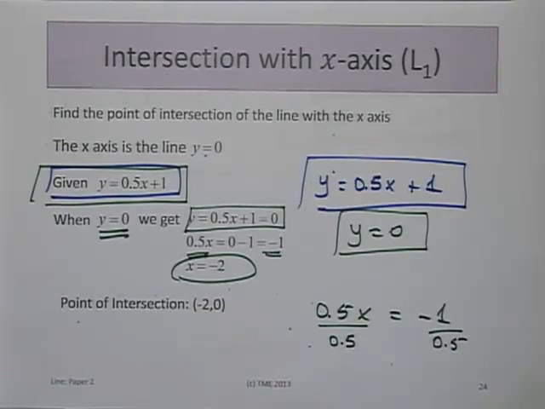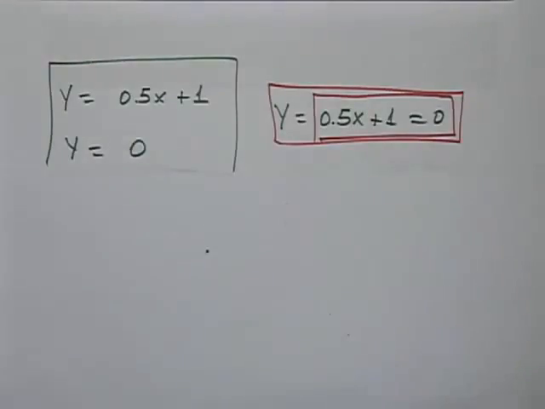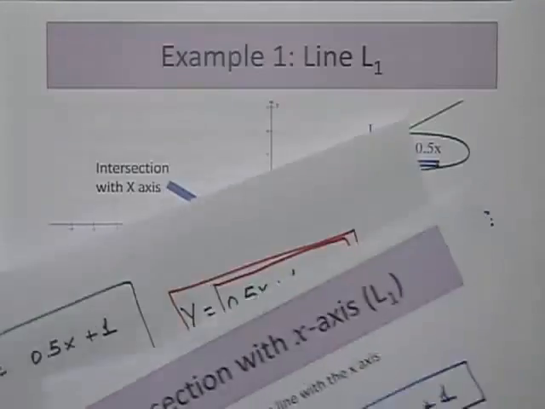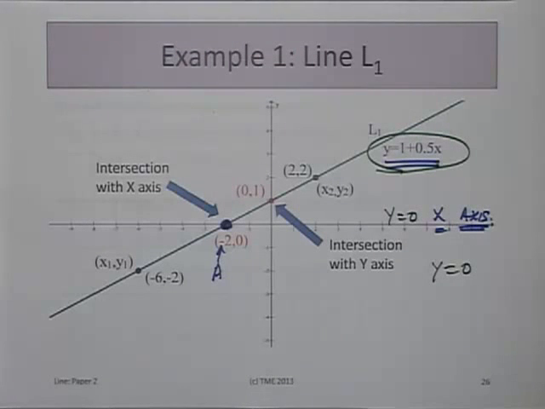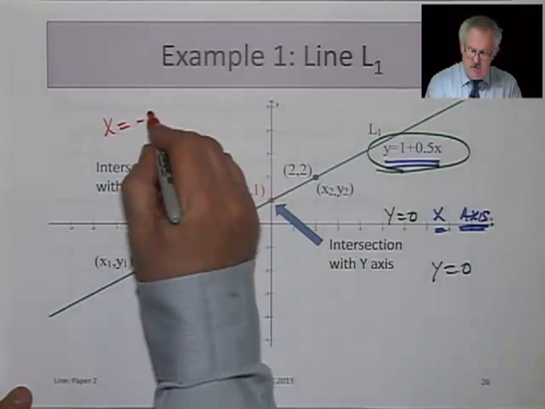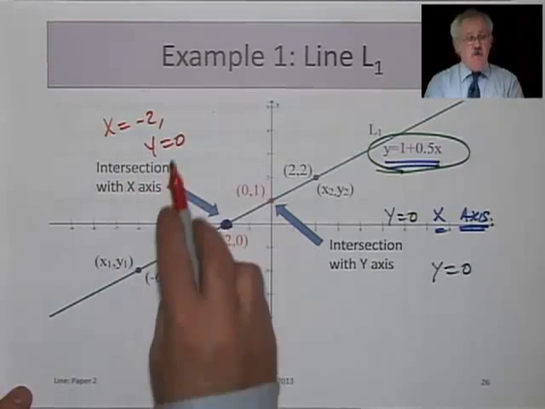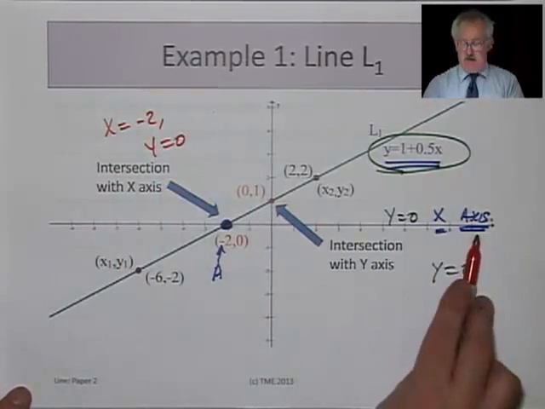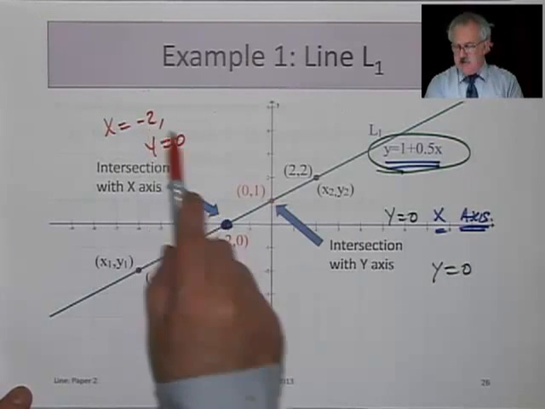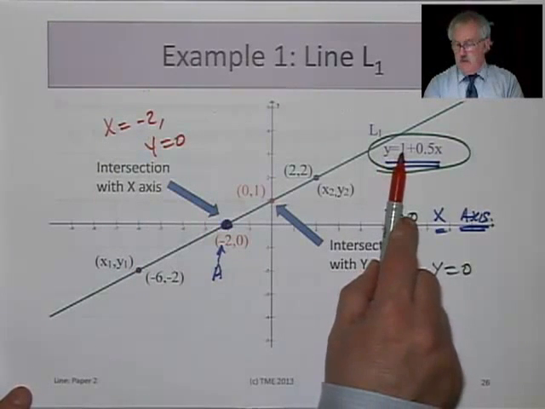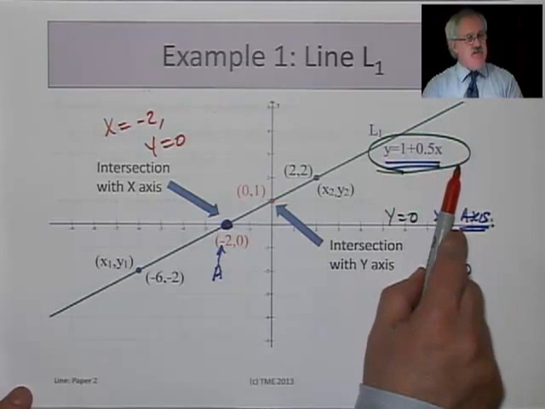If you look at x equals minus 2, let's see if we can find the equation under all of this. If x is minus 2 and y is naught, the y is naught is telling us it's on the x-axis. The x equals minus 2 is saying y is equal to 1 plus 0.5 times minus 2.